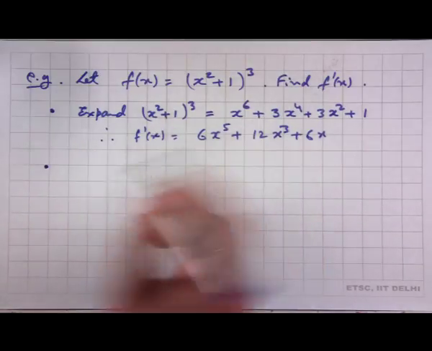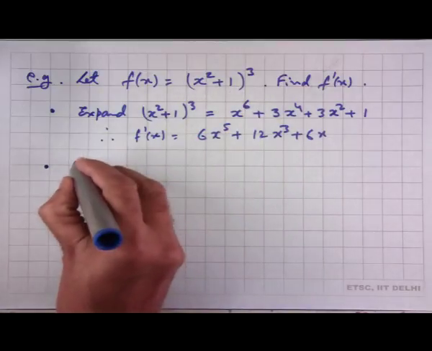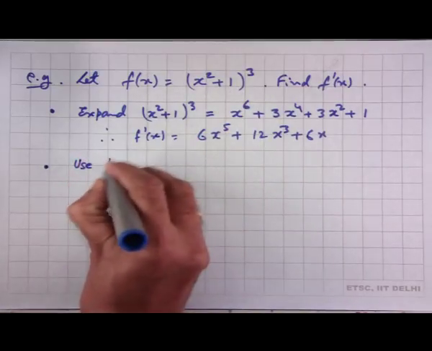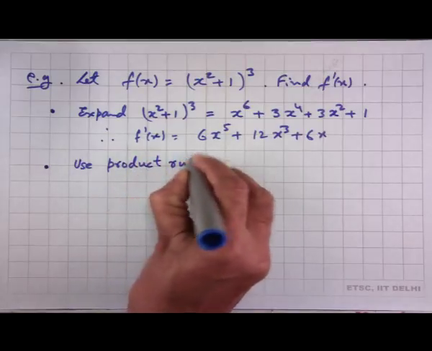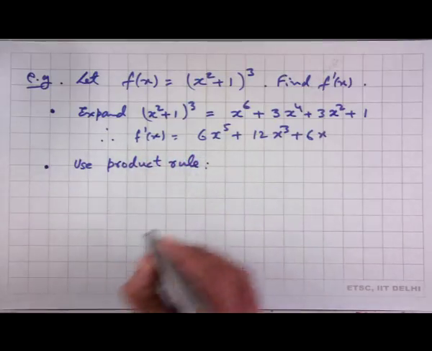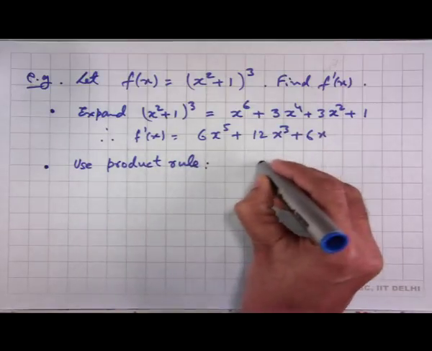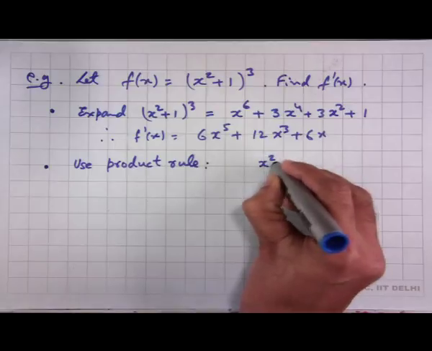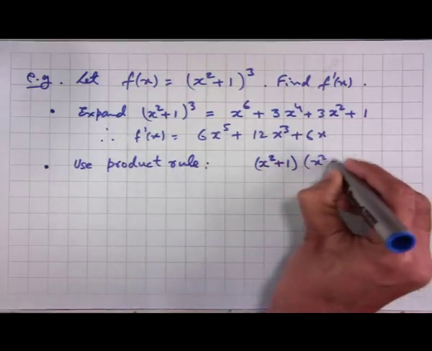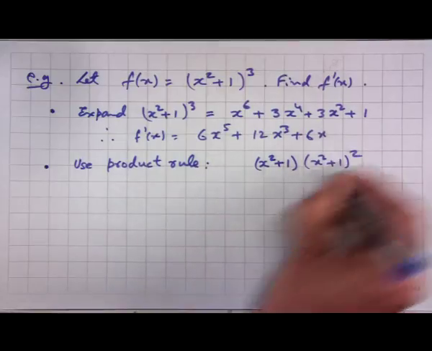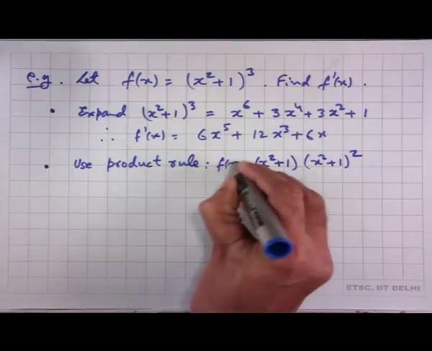Another way is you could use the product rule. If I want to find the derivative, we write x square plus 1 times x square plus 1 square, and this is our f of x.